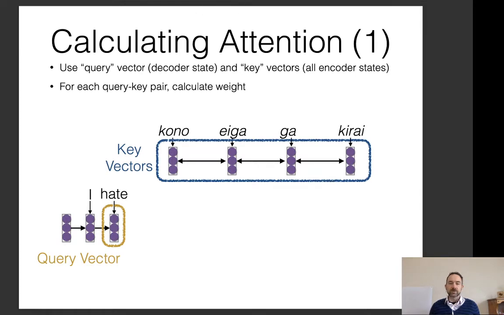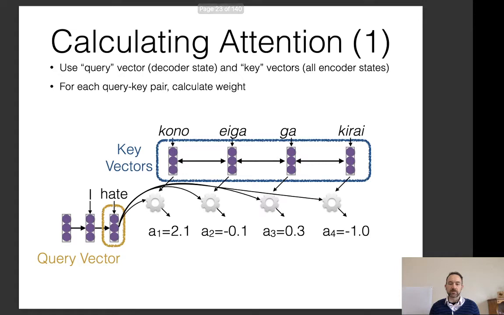And for each query key pair, we calculate a weight. So we run the first key vector in the query vector through some sort of function and calculate a weight of 2.1. For the next one, we calculate a weight of minus 0.1, et cetera, all the way through the sentence.